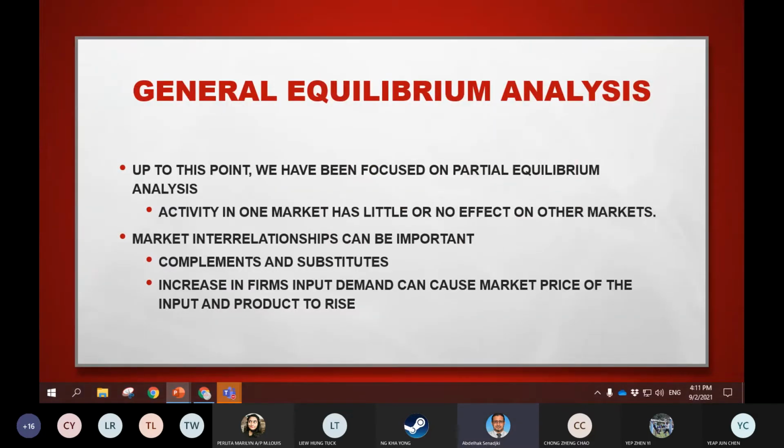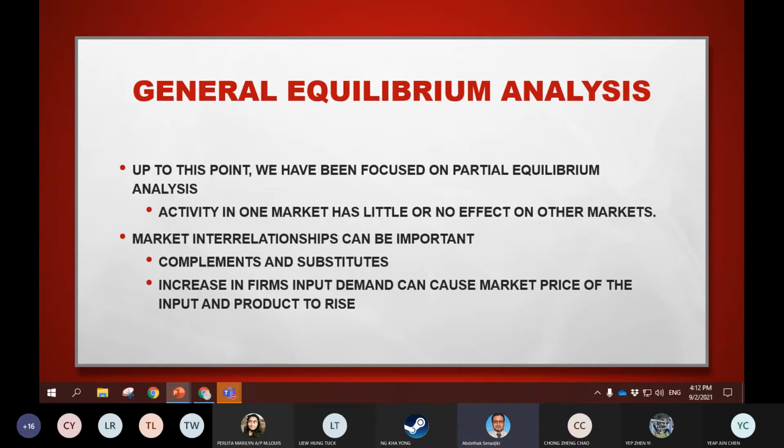As I said, up to this point, we have focused more on partial equilibrium analysis, where activity in one market has little or no effect on other markets. But in real life, especially when we're talking about goods and services, output or input, we have substitutes and complements.